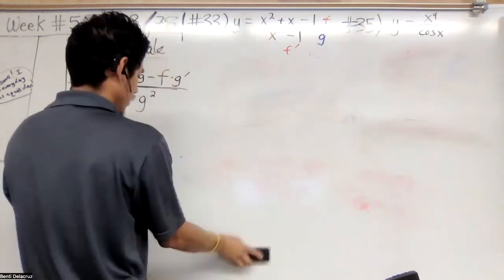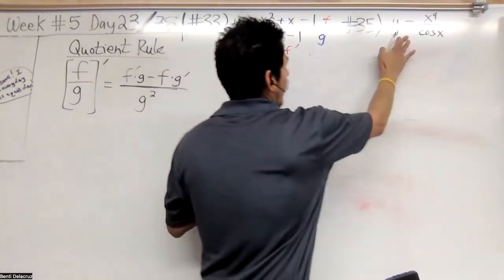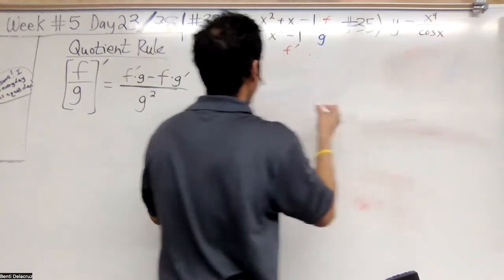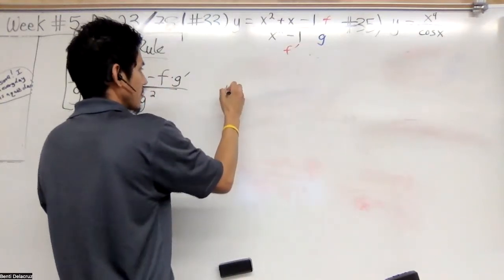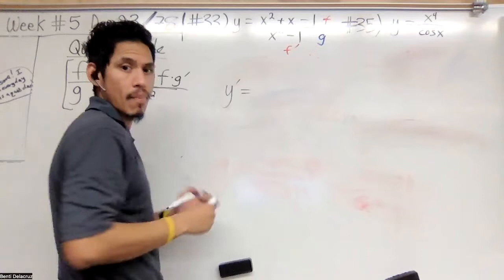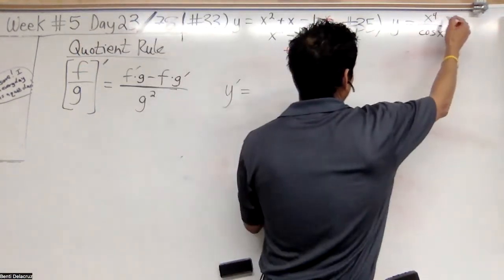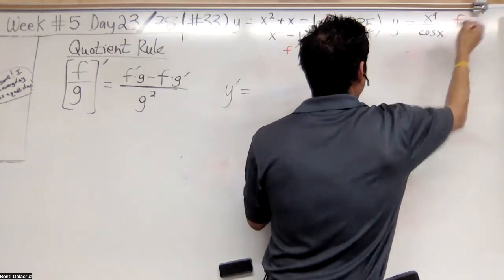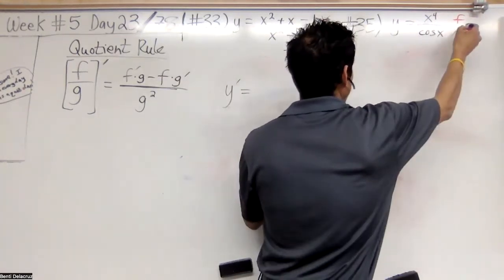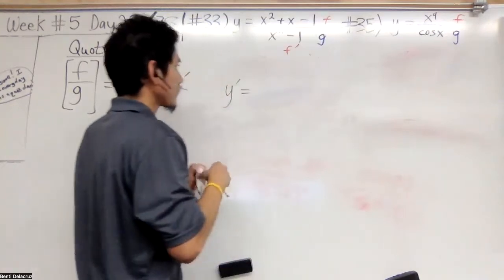Anyways, all right, so here we have y is equal to x to the fourth over cosine of x. So we want to find y prime. Now, the top function, x to the fourth, we'll call that our f. And cosine of x will be our g. So we have f over g.